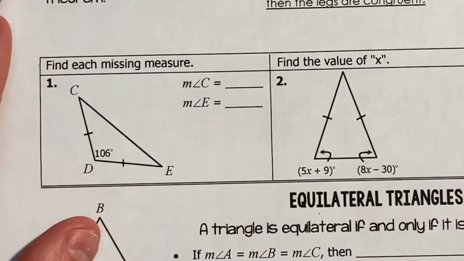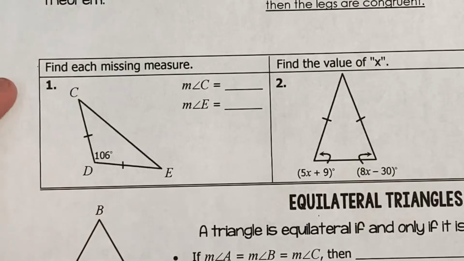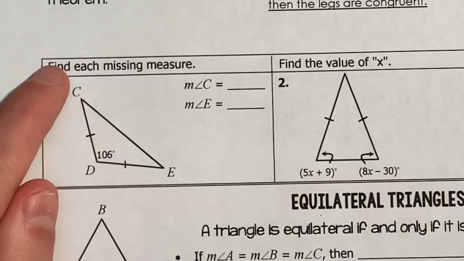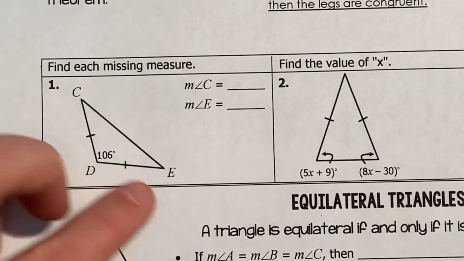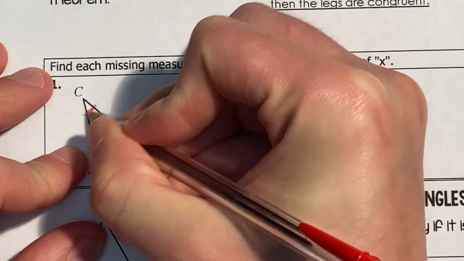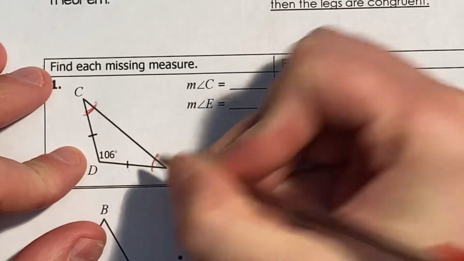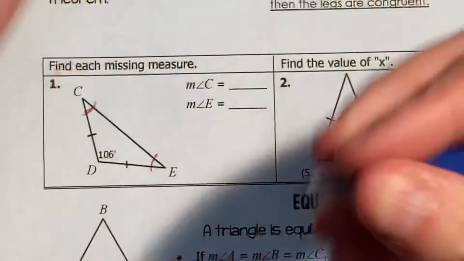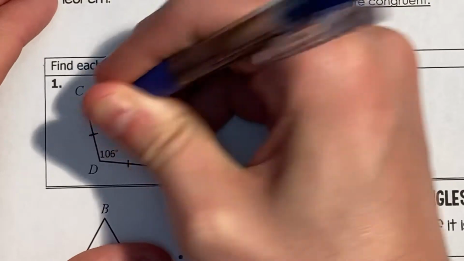So here we go, some questions. In number 1, it says that angle D is 106, and then C and E are something. Since these two sides are the same, it does mean these two angles have to be the same. So there's two ways to do this. If you are an algebra person, what you'll probably want to do is label these angles x.